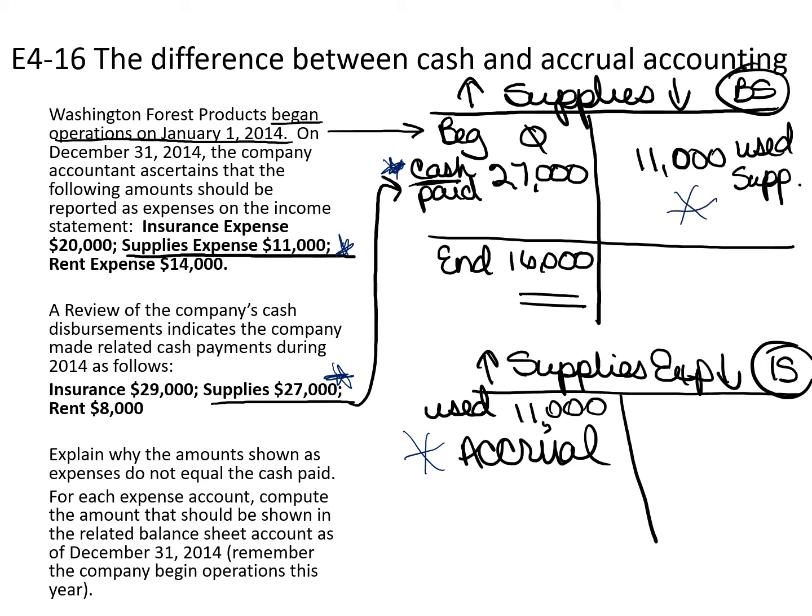So it means that on the balance sheet, we're going to show ending supplies having future potential value of $16,000, but on the income statement, we're going to show an expense, meaning used, of $11,000. Notice nothing to do with cash paid. It all has to do with supplies used.